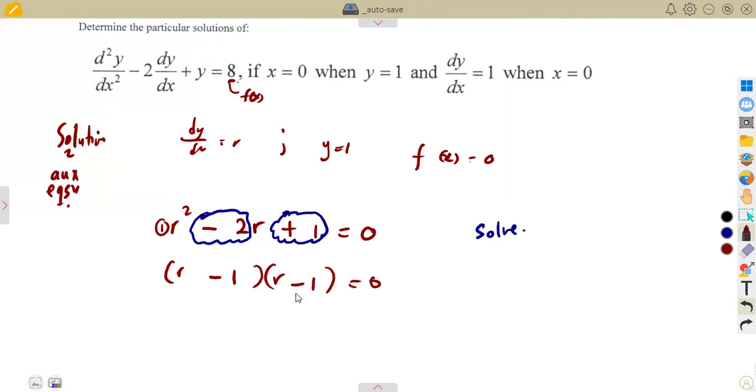If you multiply, you get a positive 1; if you add, you get a negative 2. So one of these brackets must be 0, which means r must be 1 or r must also be 1. These solutions are equal, they are the same. So we've got same roots, same solutions.